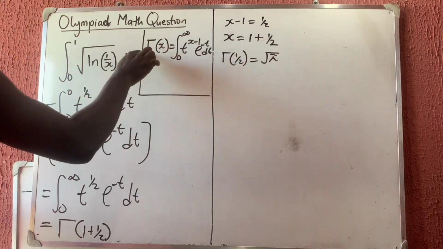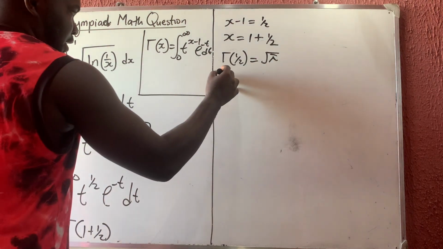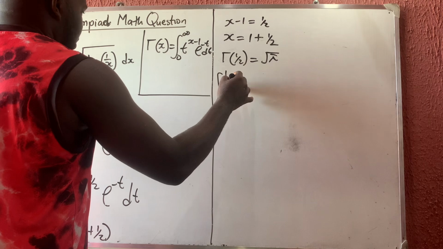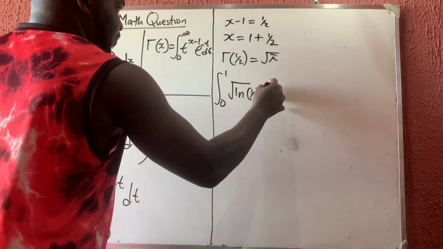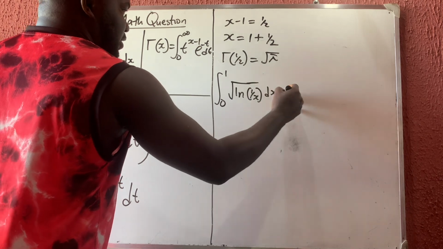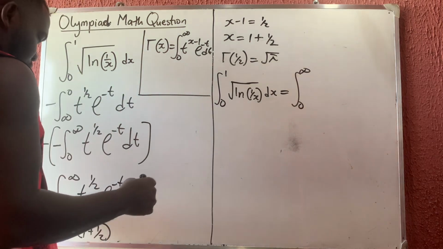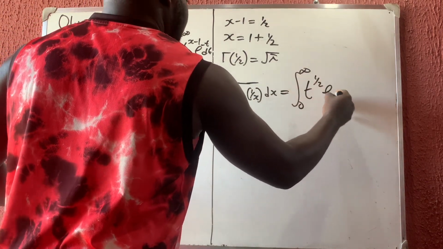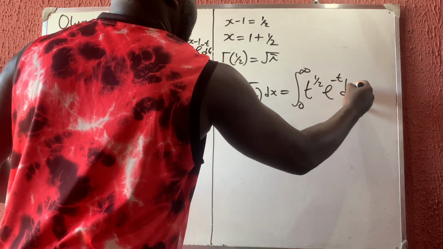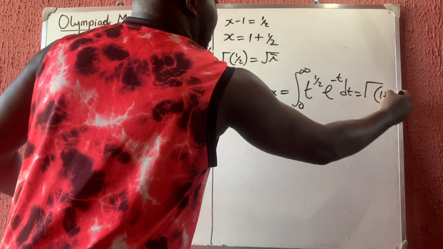So we are using it as the gamma. Everything here says that the integral from 0 to 1 of the square root of ln 1 over x dx is the same as the integral from 0 to infinity of t raised to power 1 over 2 e raised to power minus t dt, which is the same as the gamma function of 1 plus half.